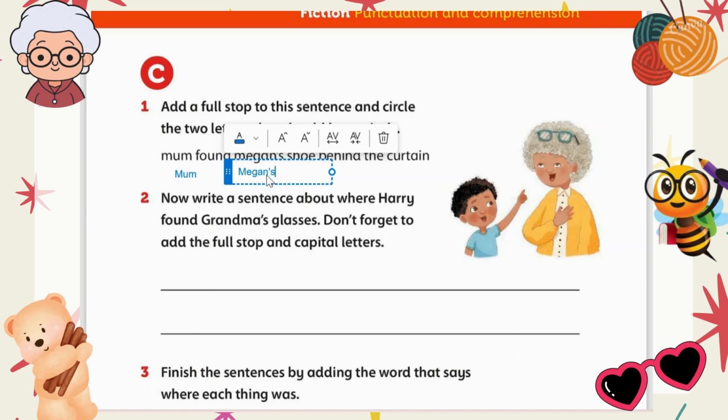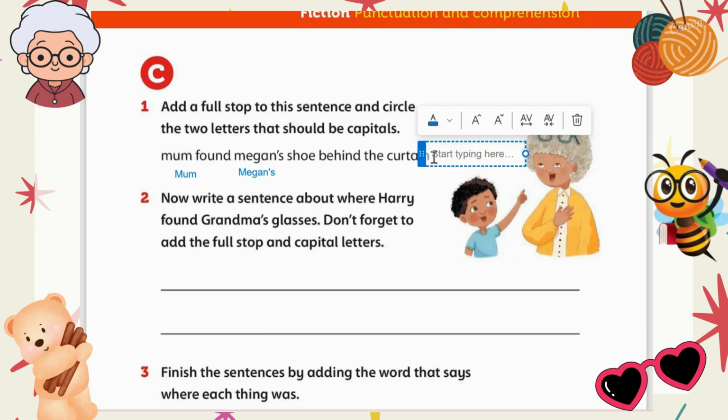Because it is a proper noun. Megan is the name of a person, so it should be capital. So Mom found Megan's shoe behind the curtain, and where should the full stop be? After the curtain, like this. So here we will just write the full stop.